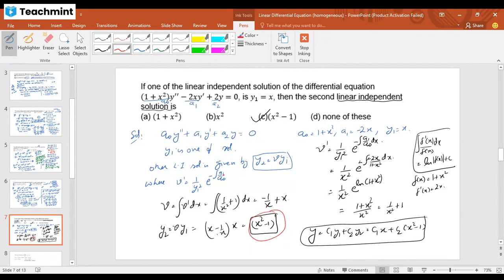So you can remember this formula: if one solution of the differential equation is known, then to find the other linearly independent solution, the formula is y2 equals v y1, where v' is 1 upon y1 square times e raised to the power integral of minus a1 upon a0 dx.